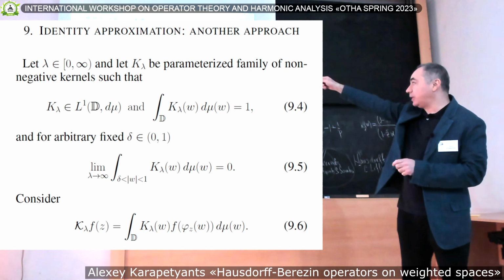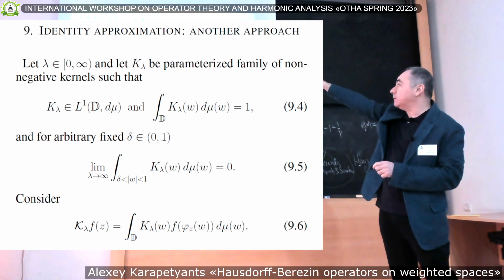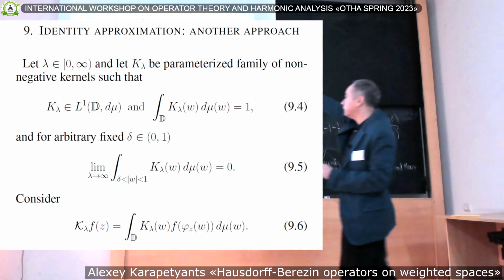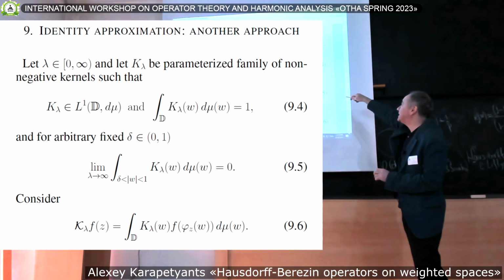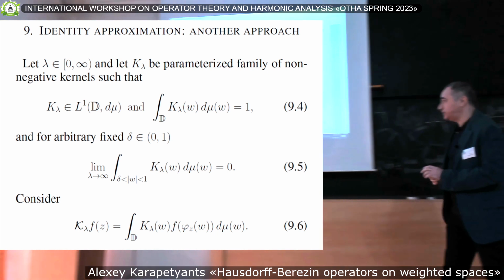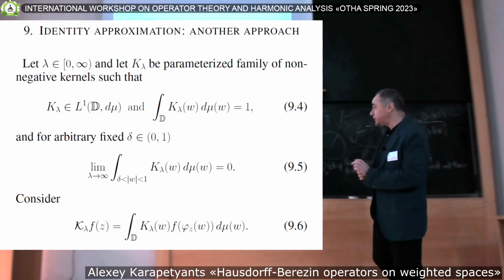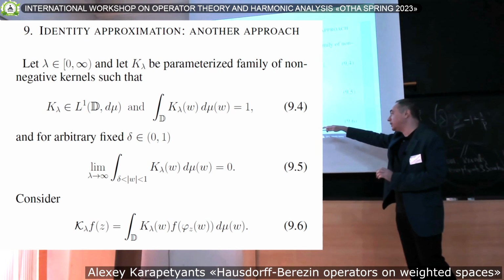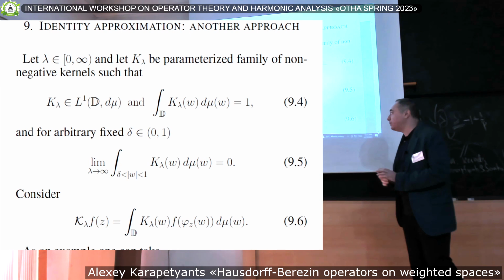So given a parameter lambda, let k_lambda be a parameterized family of non-negative kernels such that conditions 9.4 and 9.5 are satisfied. Then we consider this construction, and we will prove that this construction provides us with approximation.